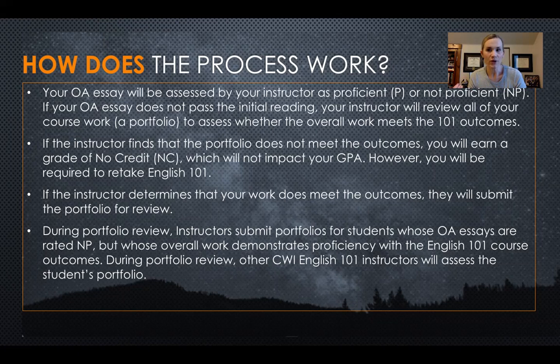And usually if all of your other essays are passing, you're going to pass the class. So just to alleviate some of your worries there, as long as units 1 through 3 are passing, you should be good to go.